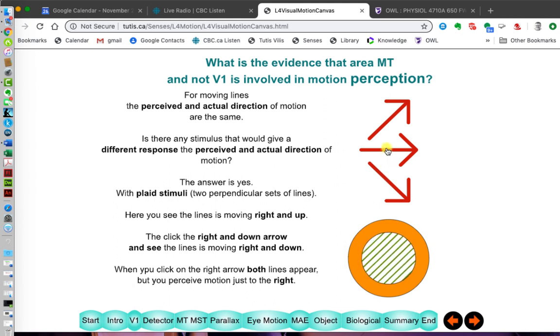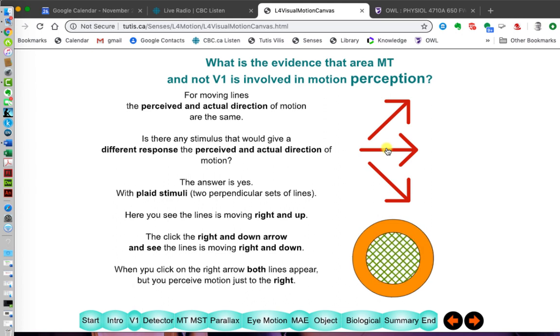Now what we're going to do is take the two and combine them. We have the same lines we saw before. So on the eye, there are only lines moving down to the right and up to the right. Yet I think most of you will sense motion just to the right with this stimulus.